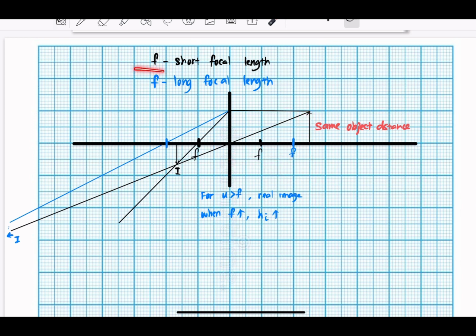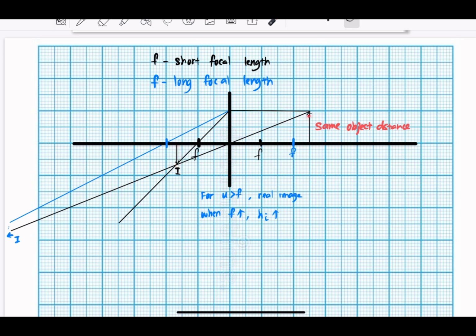First we use the black one, the shorter focal length, and draw the ray diagram. A ray parallel to the principal axis will be refracted through the focal point. The ray through the optical center will not be deviated. So over here is the image formed with the shorter focal length, and this is the height of the image.